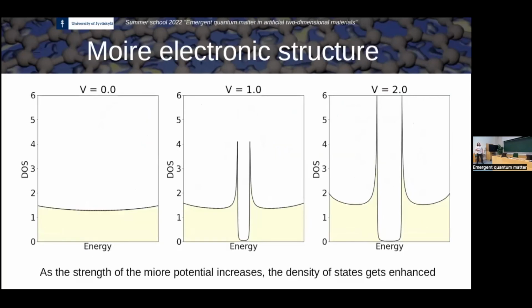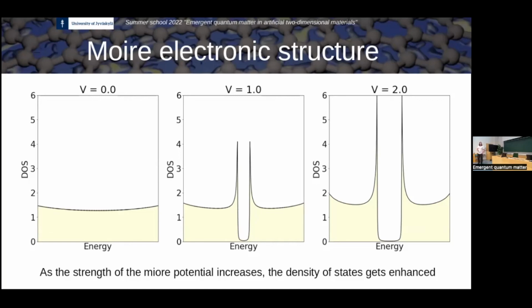And now what is very interesting to note is that every time you create a new band top or a new band bottom in your electronic structure, you can add additional features to your density of states. If you don't have any type of perturbation in your unit cell, or in other words, if you don't have any type of superlattice, essentially the density of states is relatively featureless. It's the density of states of the original two-dimensional material.